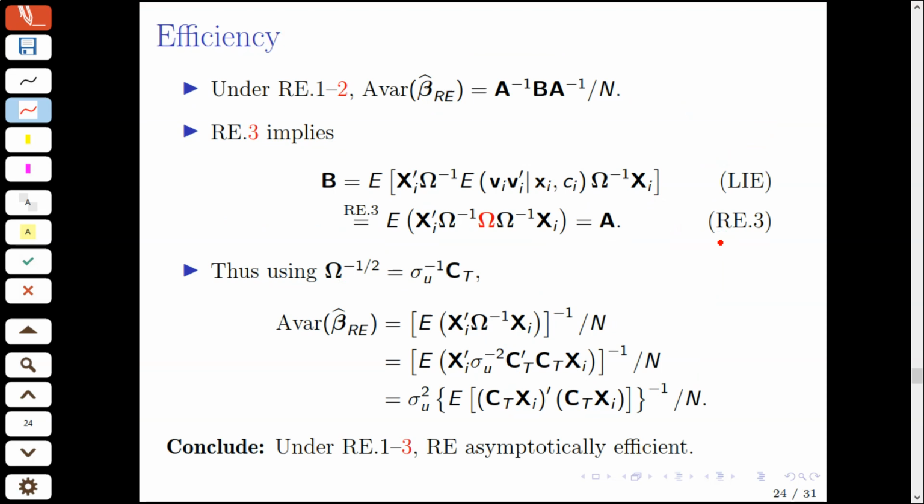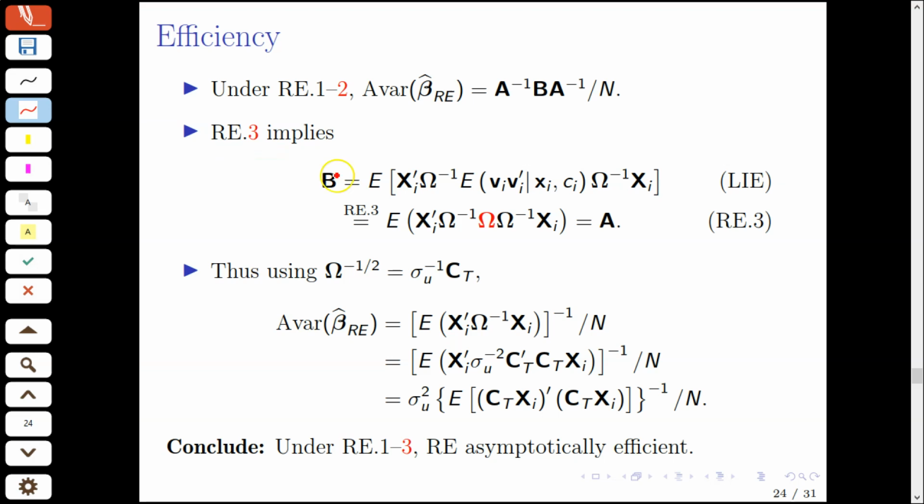Now, under these two assumptions, the asymptotic variance of the random effects estimator is this sandwich formula. It takes the sandwich form from our previous slide upon dividing by the sample size n. Now, the purpose of the third random effects assumption, which we haven't used up to this point, is to simplify the asymptotic variance.